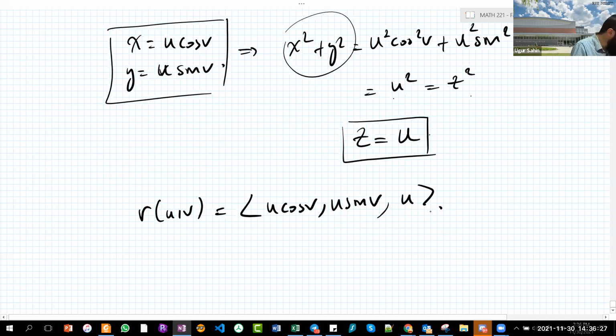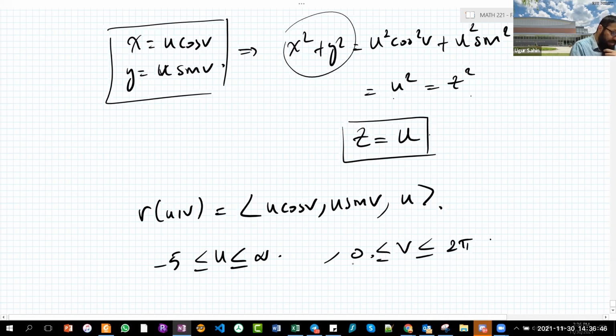But one more thing, it was saying this surface is lying on or above the plane z equals -5. Since z is equal to u, I'm going to give the domain of u this way. It should be bigger than or equal to -5. And v is the angle, that's why it is going to be between 0 and 2 pi. That condition at the end of the equation just puts me in this interval for the u variable.